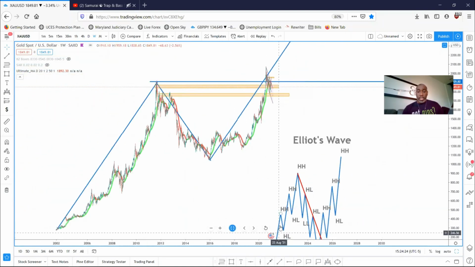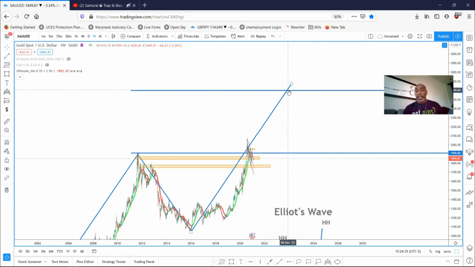This is the beginning stages of your Elliott wave. Once she breaks through this high point, understand she has nowhere else to go but up. So we're going to keep monitoring this one and keep it in mind. And there's a ton of other ones that have done the Elliott wave before.